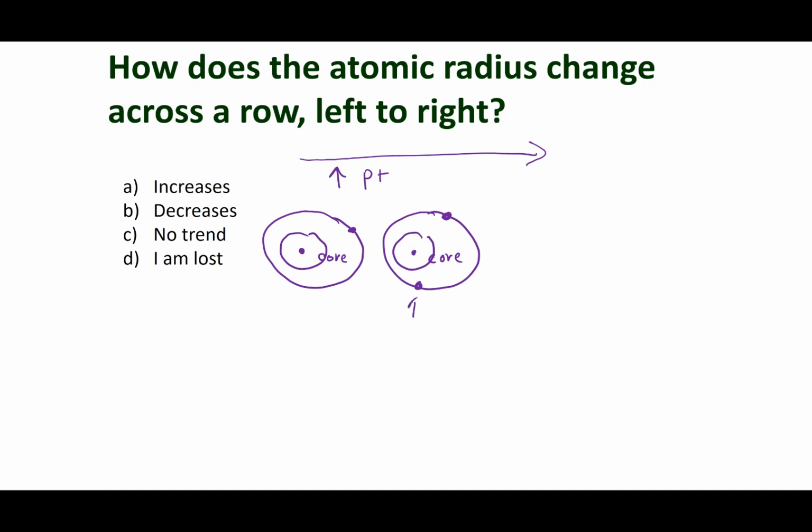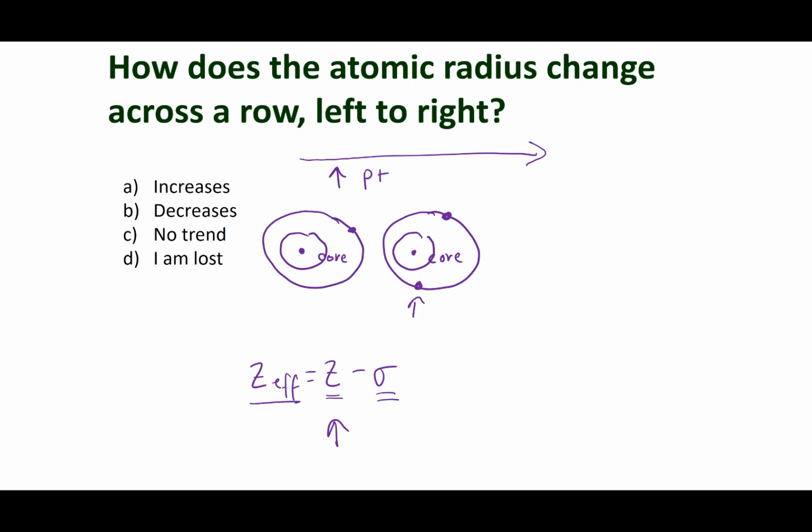So if I want to take a look at the Z effective on these electrons, that's going to be Z minus my shielding. But what you will notice here is that in both of these cases, my core is going to be the same. So my shielding is the same, however, my Z is going to increase because I've added more protons.